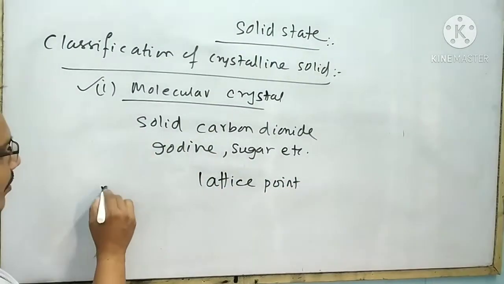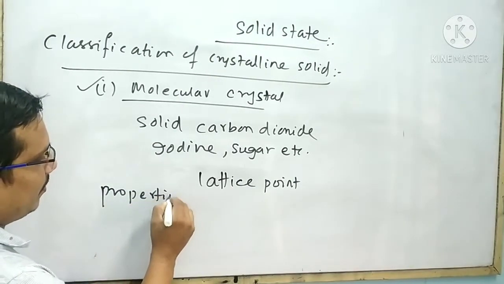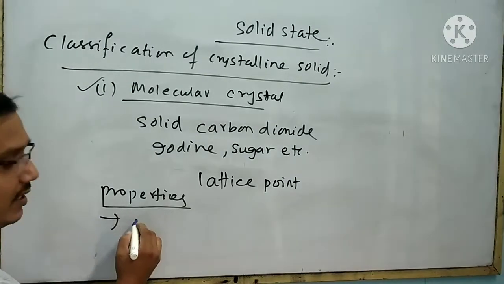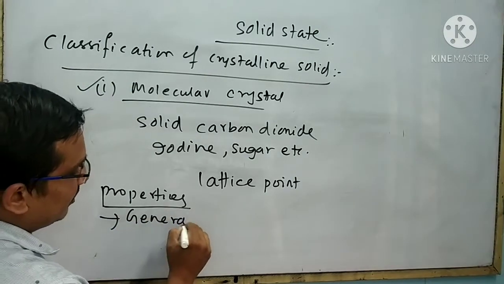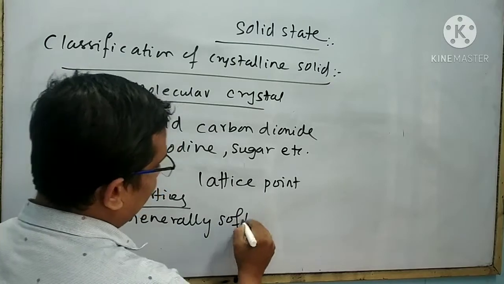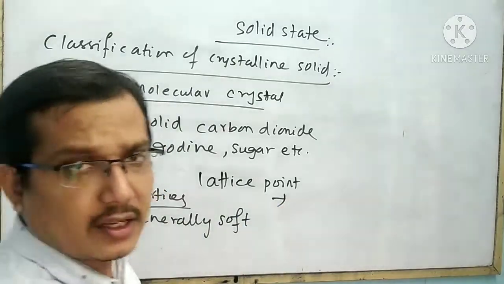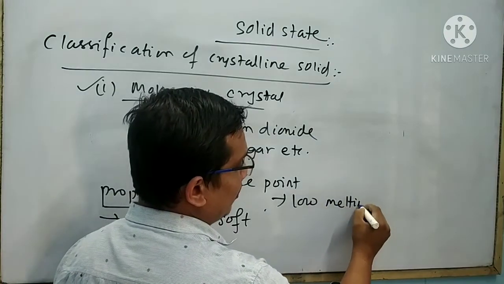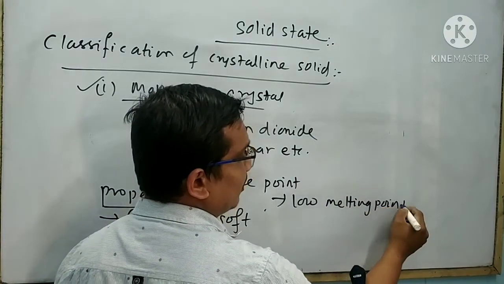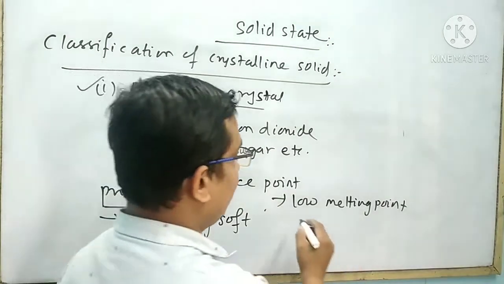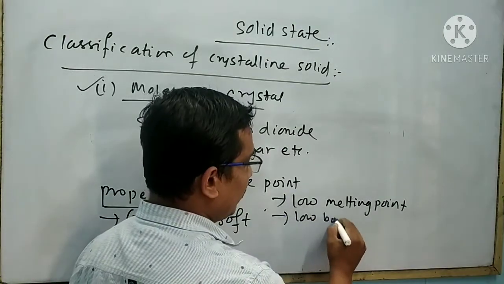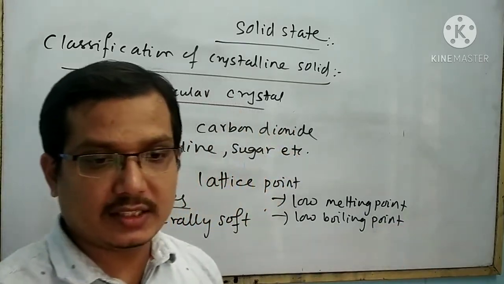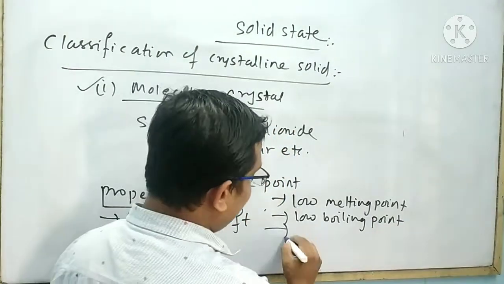What are the properties of molecular crystal? First point is it is generally soft. Second point is low melting point. Third is also low boiling point. Next point is volatile in nature.